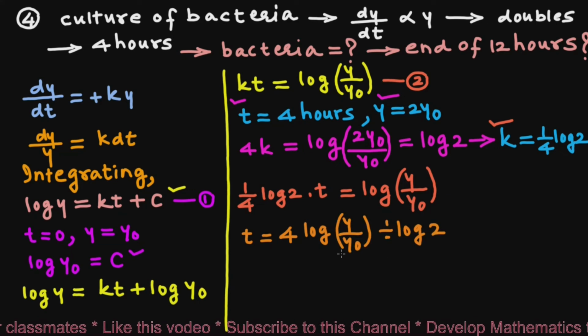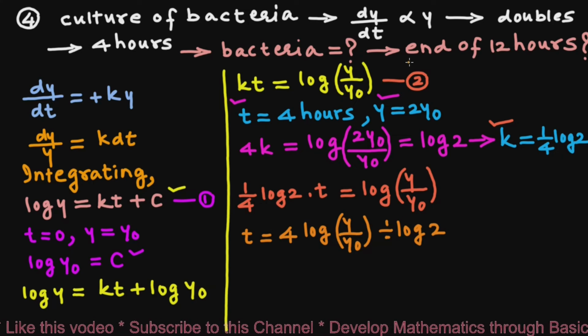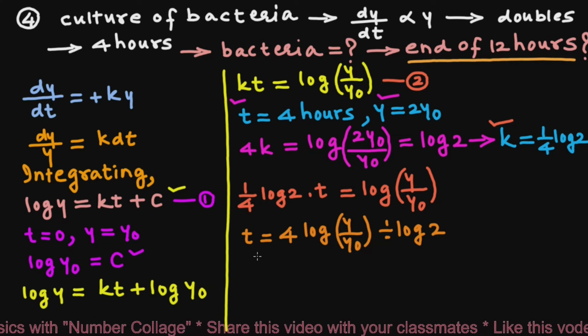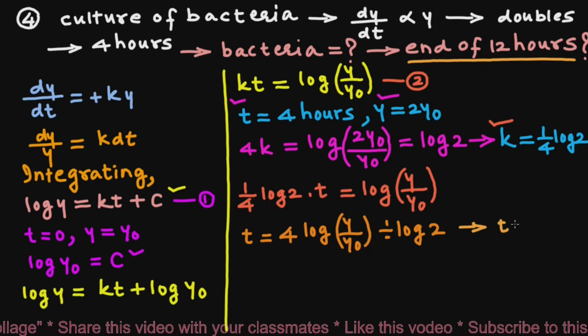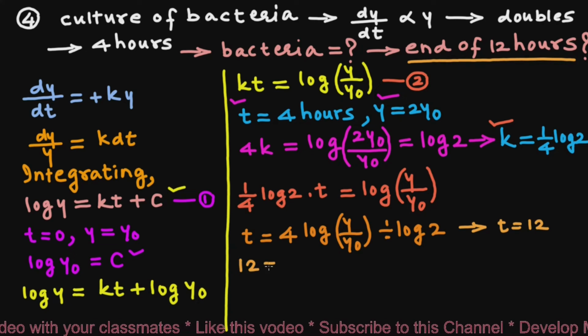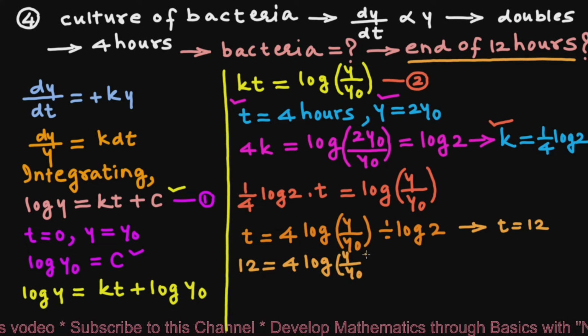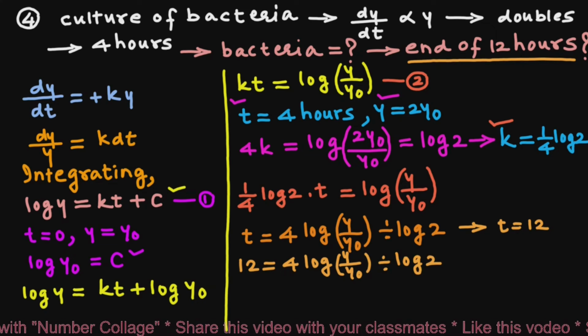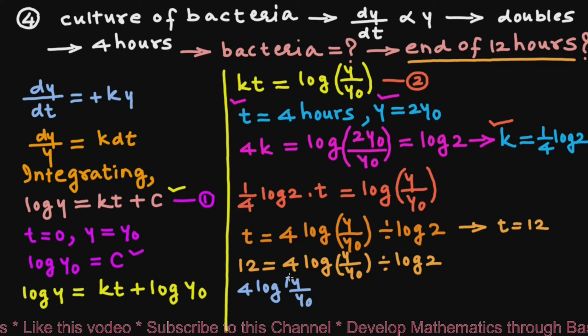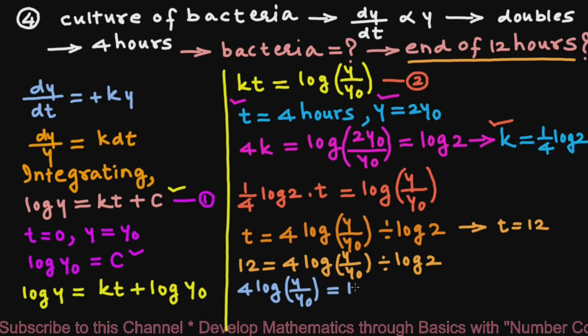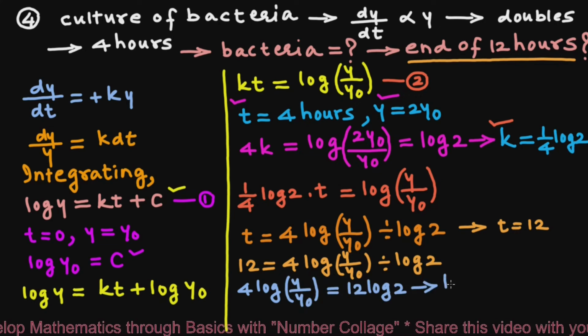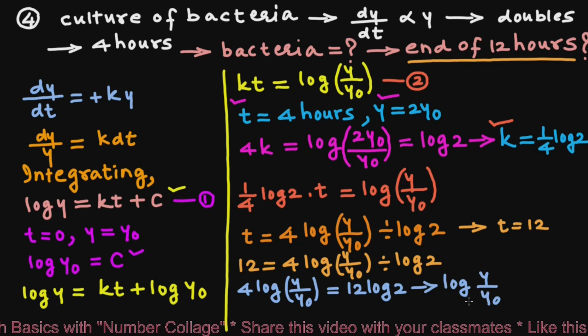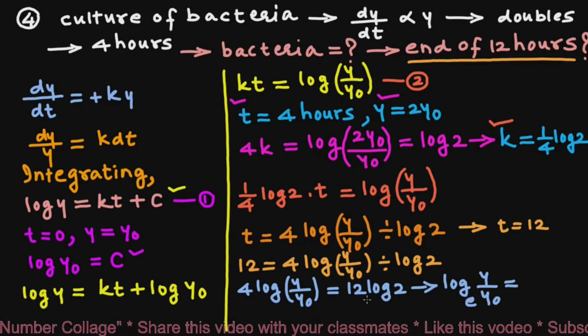Coming to our final question, we have to find out the number of bacteria. So we will put t equals 12. So 12 equals 4 log y upon y0 divided by log 2. So 4 log y upon y0 will be equal to 12 log 2, or log y upon y0 to the base e will be equal to 3 log 2.